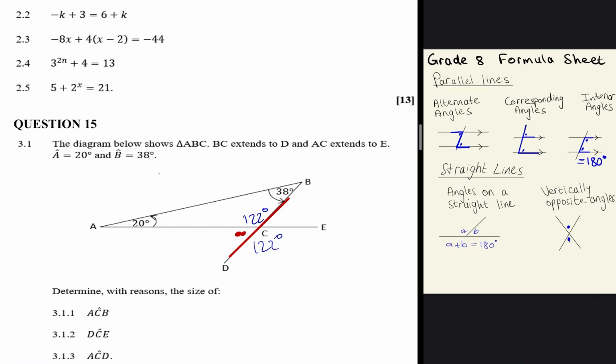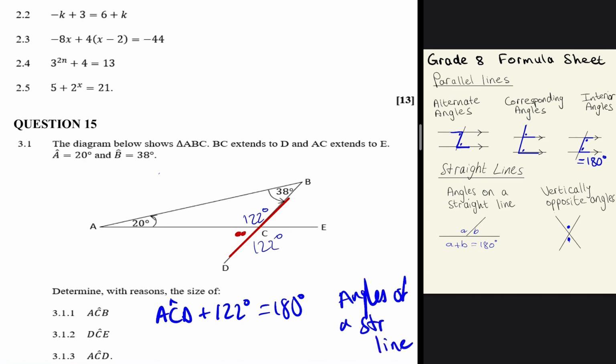That means the angle we're looking for, this ACD, plus this 122, will give you 180 degrees. And the reason is angles on a straight line. You can just write STR line.